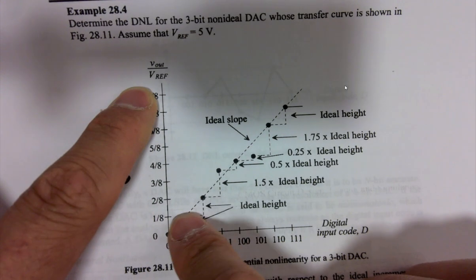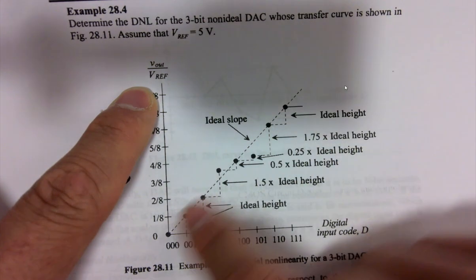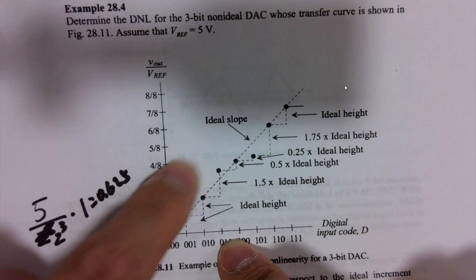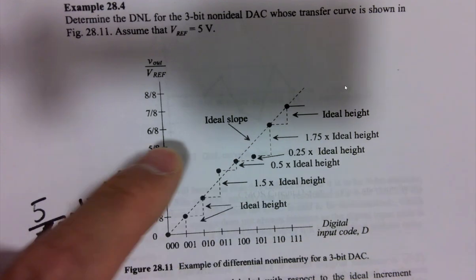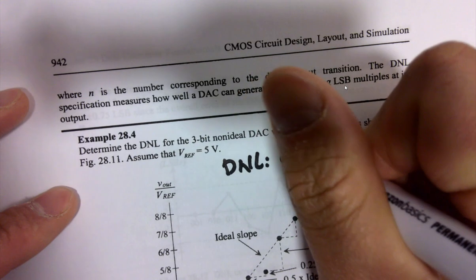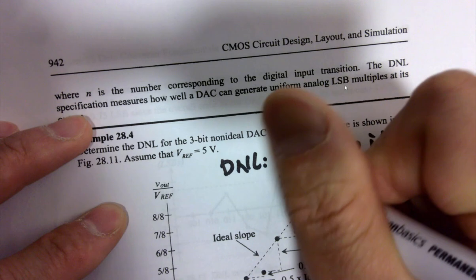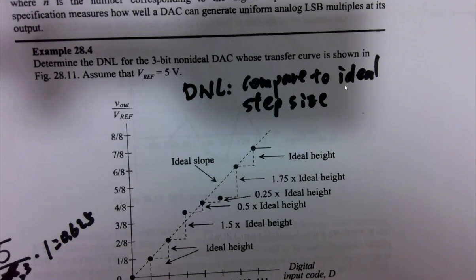So all the dots should fall onto the line, but actually it won't be the ideal case in real life. So we have this, which is fine, but this guy goes up. For DNL, you compare to the ideal step size, and the final result is represented in LSBs.